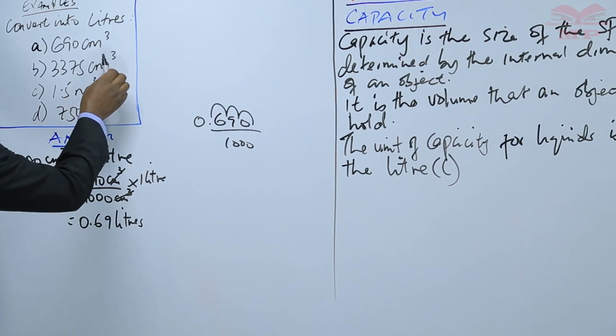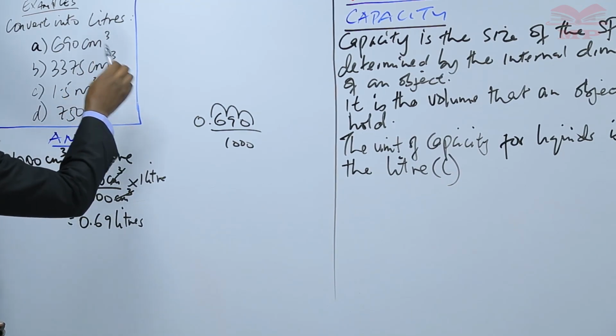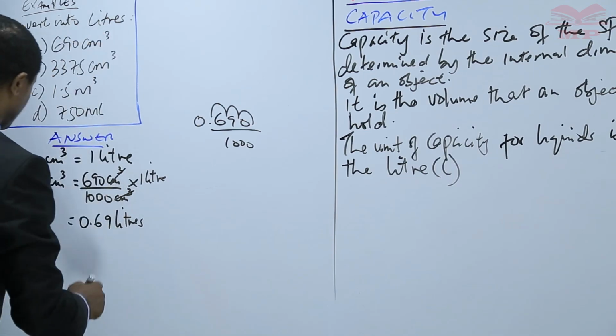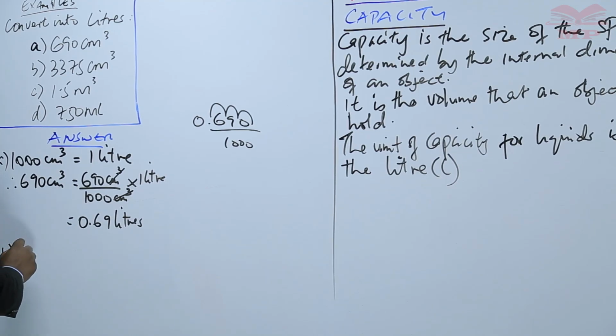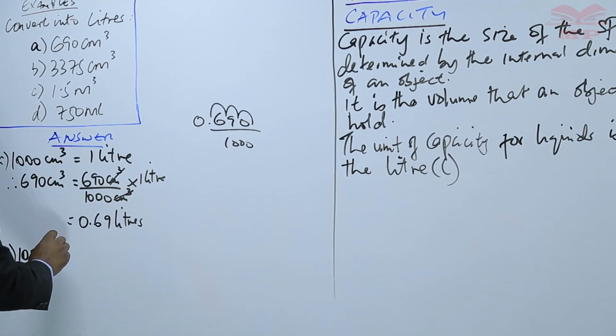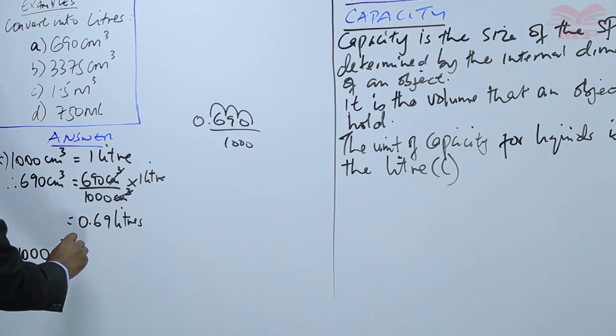B, 3,375 cubic centimeters, convert into liters. This was A. Then let's do B. We know that 1,000 cubic centimeters is equal to 1 liter.